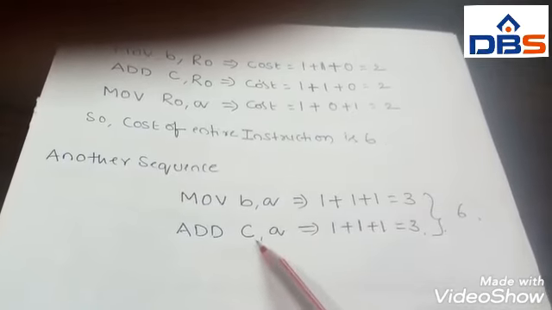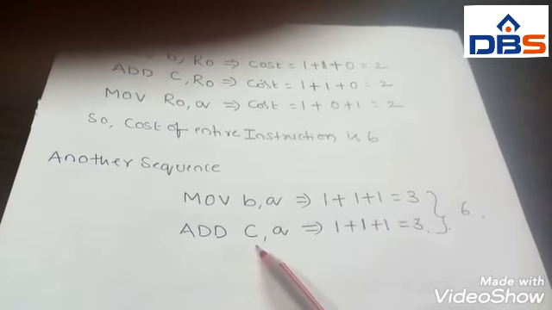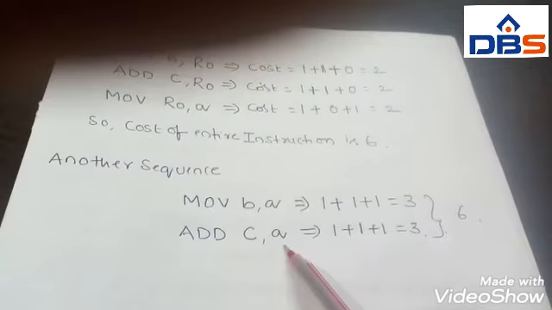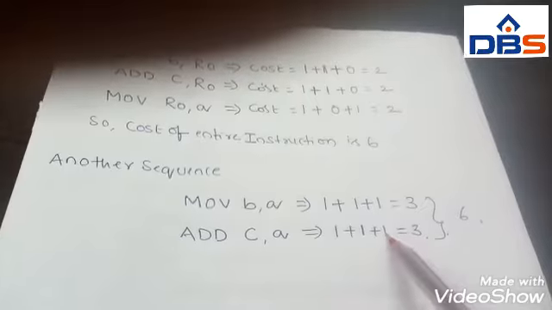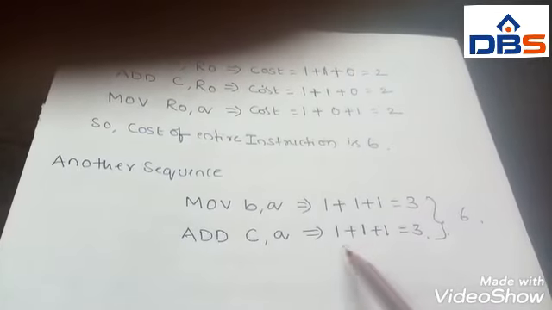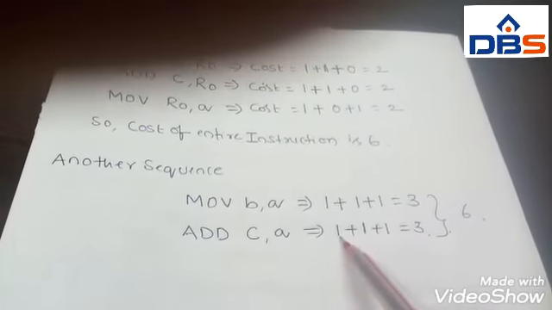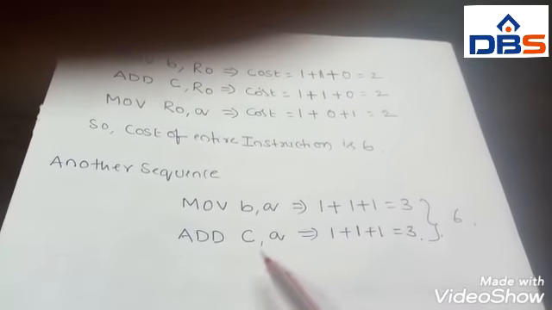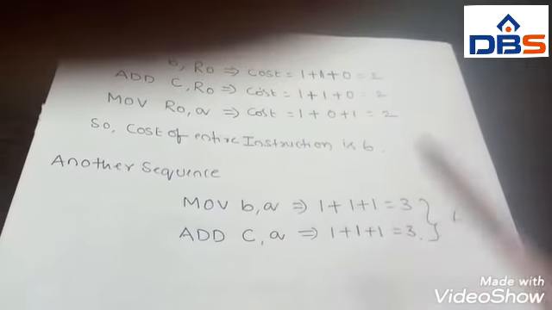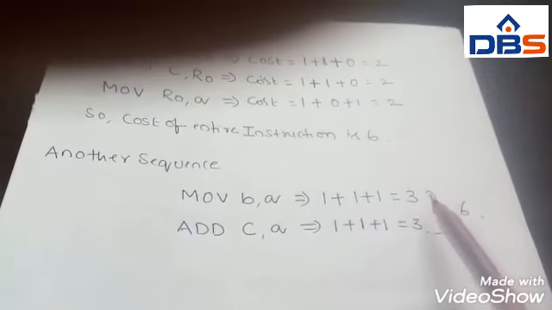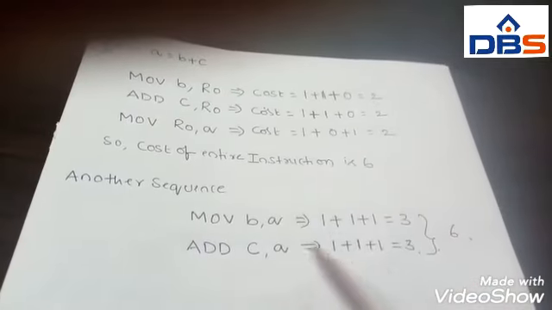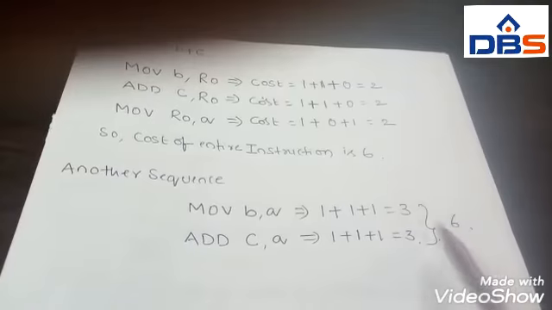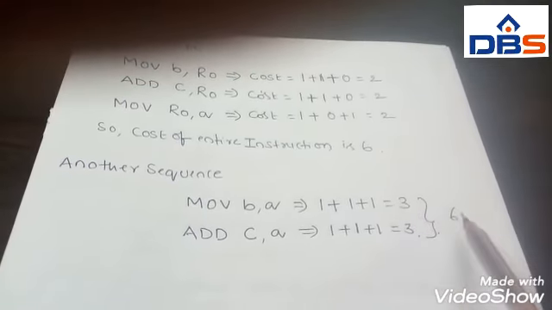For the next one, add C comma A: C is a memory, so 1, and A is also a memory, so 1. So again 1 plus 1 plus 1. If we calculate the instruction cost for this sequence, it is 3 plus 3, that equals 6.